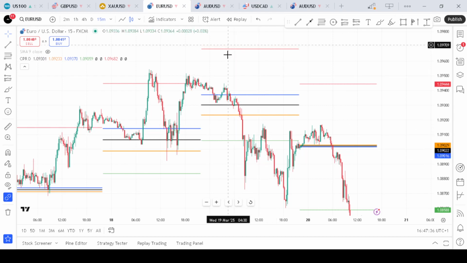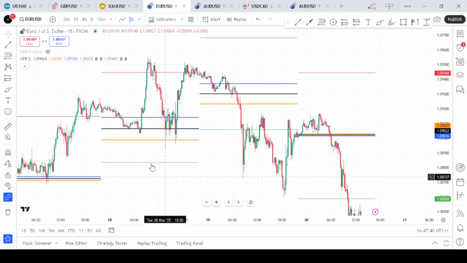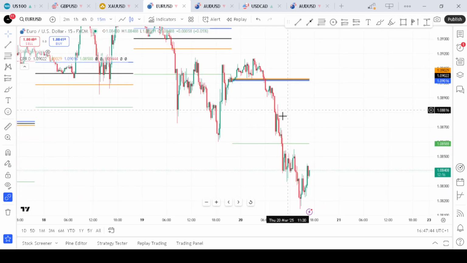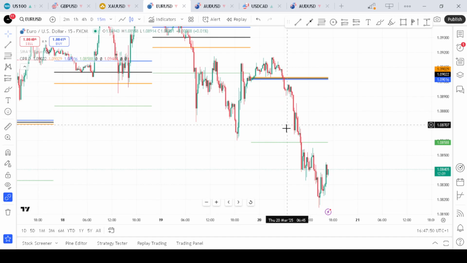So when you see a red line, you know the red line is your resistance area, while your green line is your support area. So let's see how we can master intraday trading using the CPR indicator.